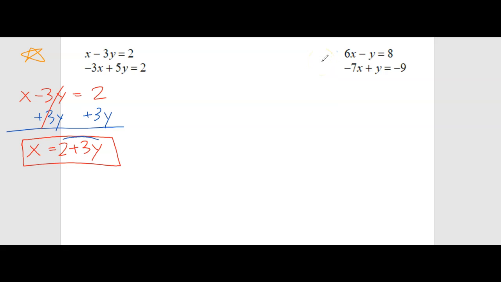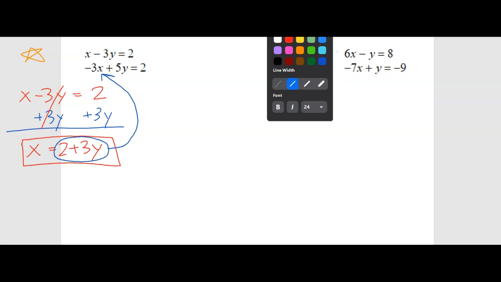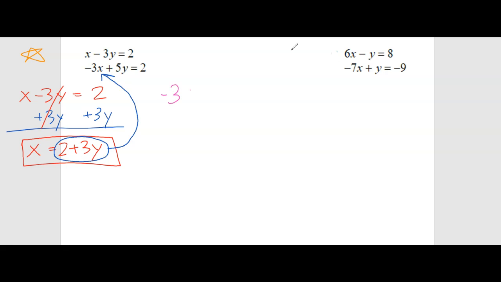I could take this quantity right here, because I know that that is equal to x, and I could jump to my other equation and replace the x with 2 plus 3y. So let's do that. I have negative 3x plus 5y is equal to 2. I'm going to replace the x with 2 plus 3y, and then write the rest of the equation the same.